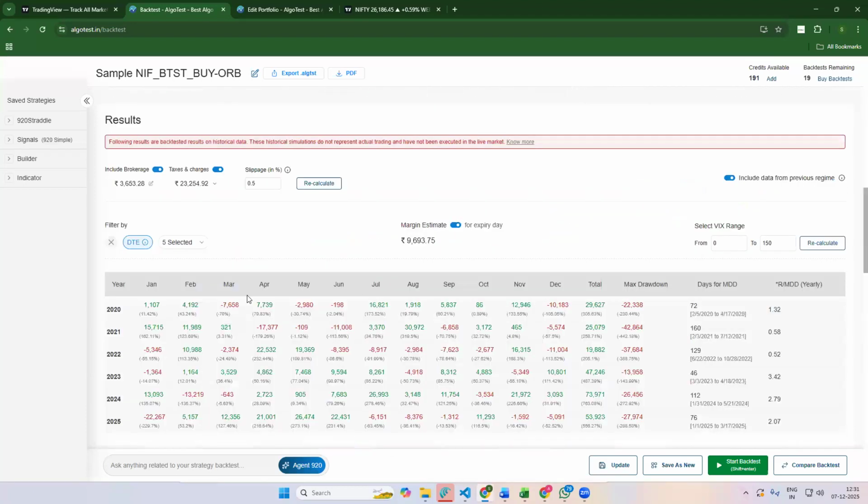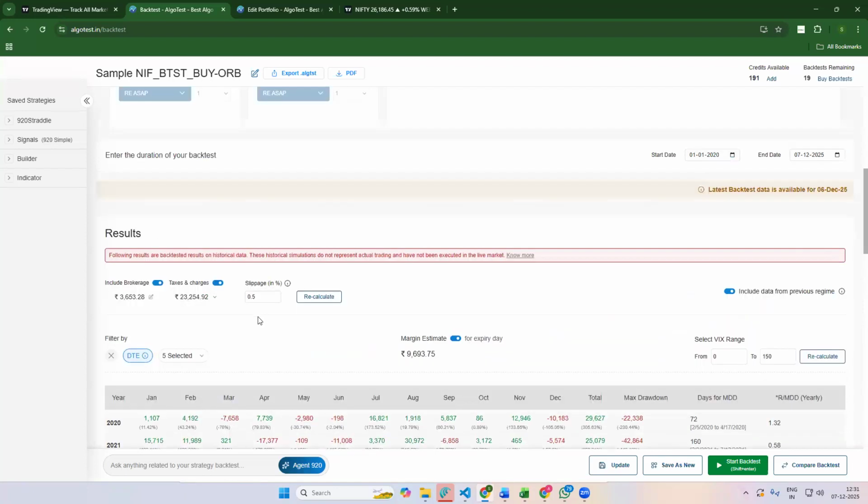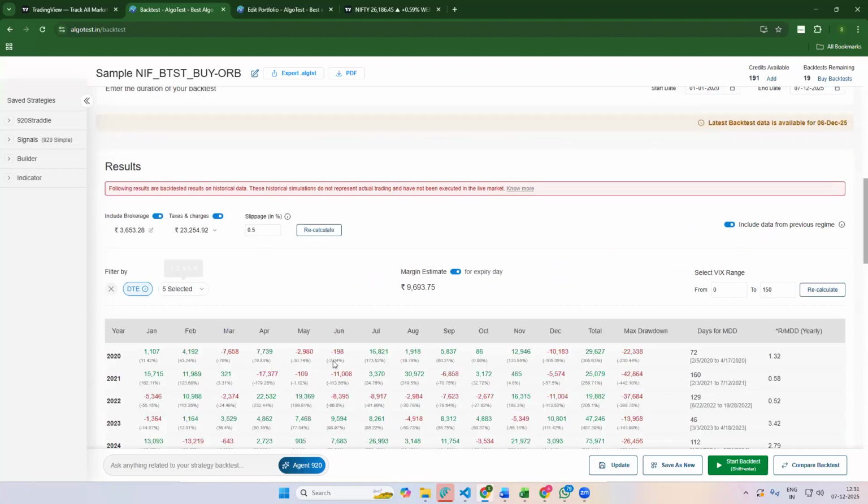That is a great question, Sanat. See, this is not curve fitting unless you don't get the same results, similar results, not same results, similar results within 3 to 4 combinations nearby. DTE cannot be curve fitting.